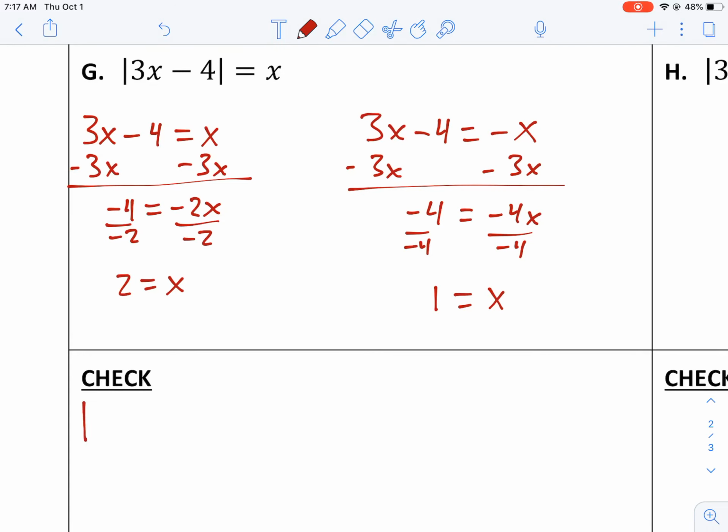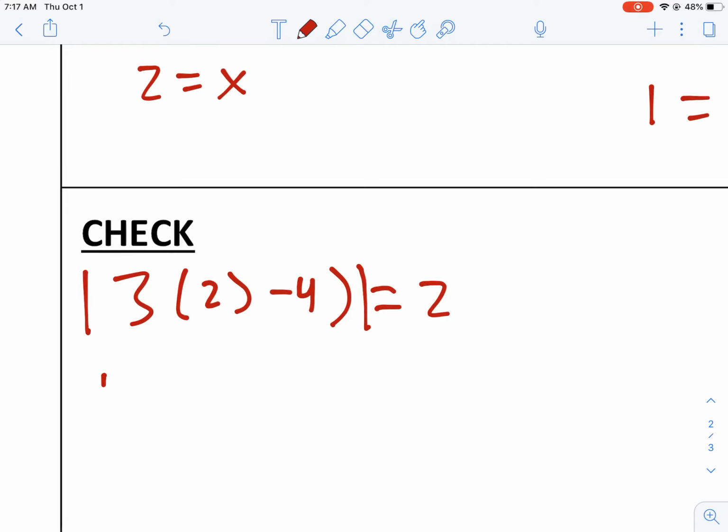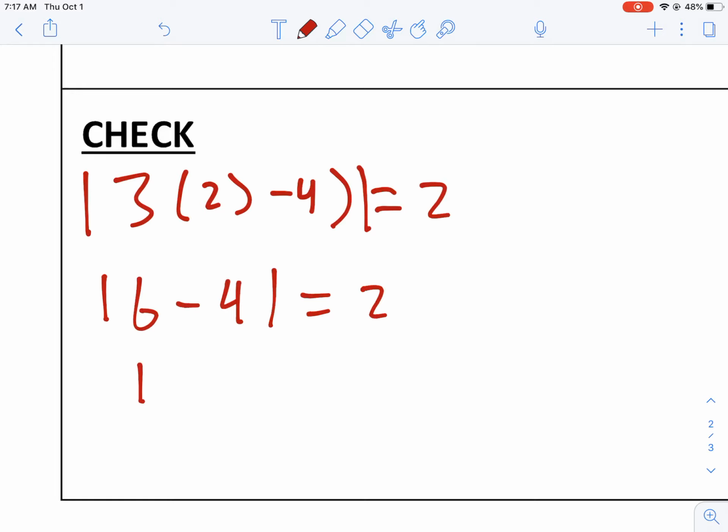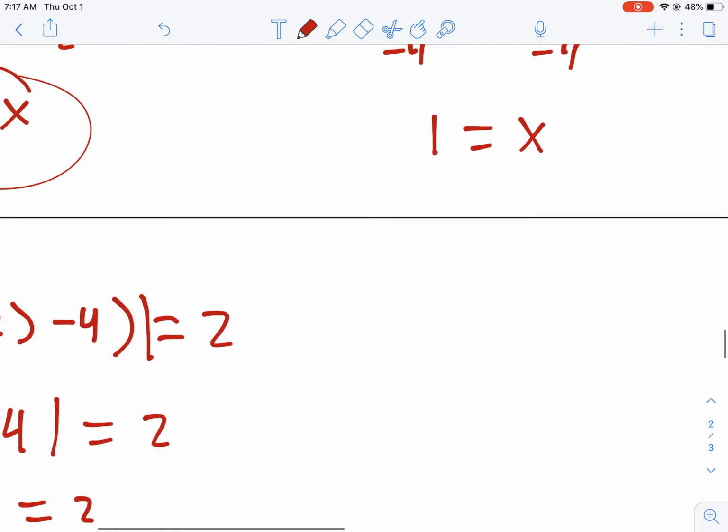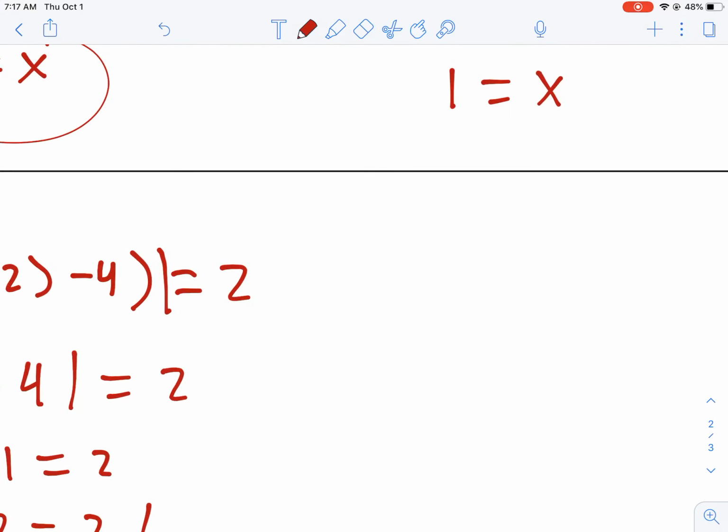So let's check them. We've got x equals 2, so I'm going to plug 2 in there, and it equals 2. So let's see if this works. 3 times 2 is 6, 6 minus 4 is 2, so we've got absolute value of 2 equals 2, which is true. So that solution works. Then we plug in x equals 1.